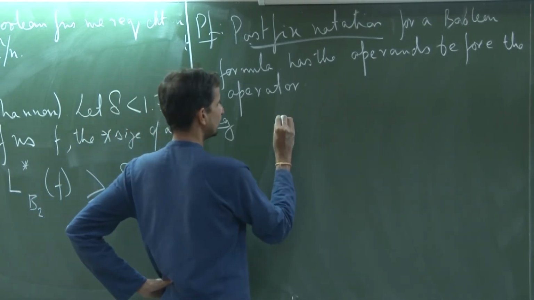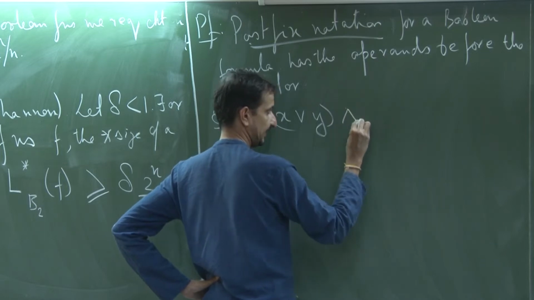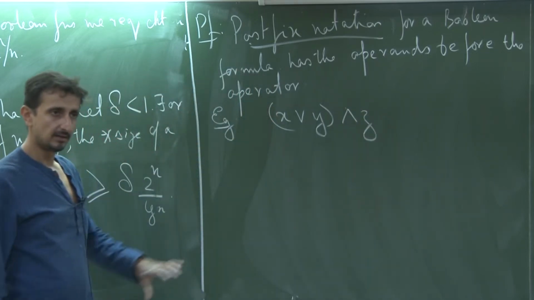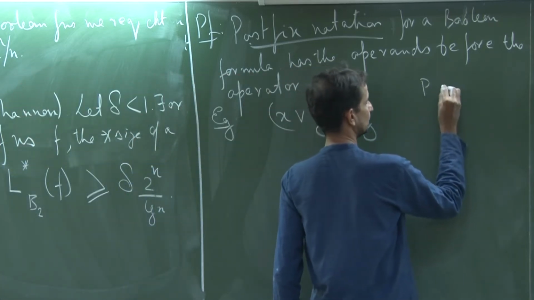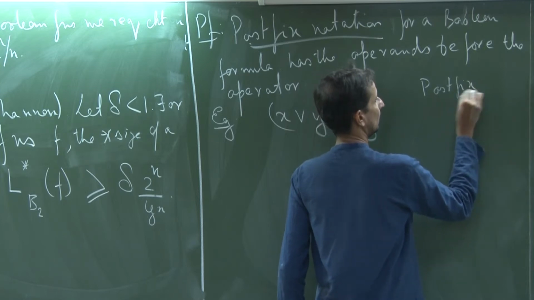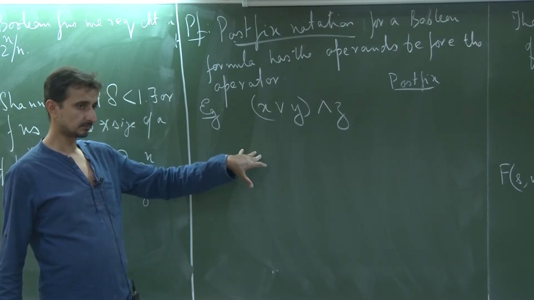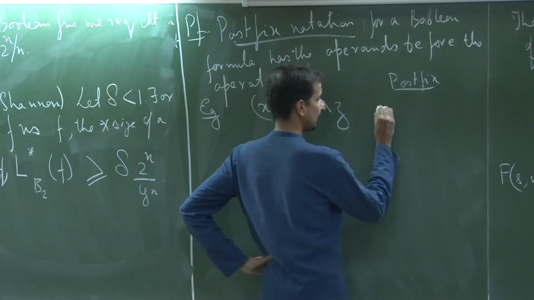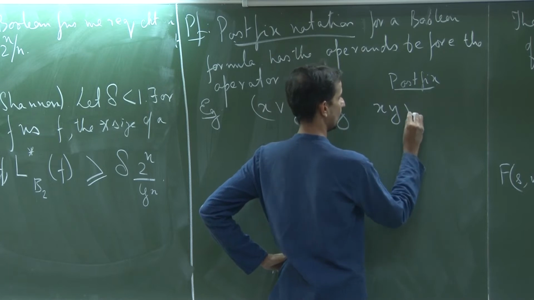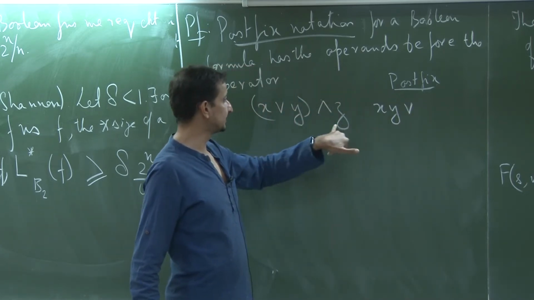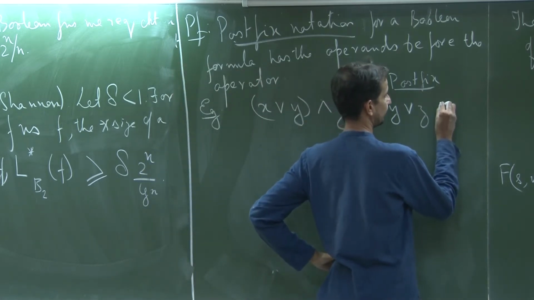Suppose I have a Boolean formula x or y, and then and z. What would be the postfix notation for this Boolean formula? Any guesses? I want to compute this first, so it would be x, y, or, and then to the result of this I am conjoining z, so it will be z and.